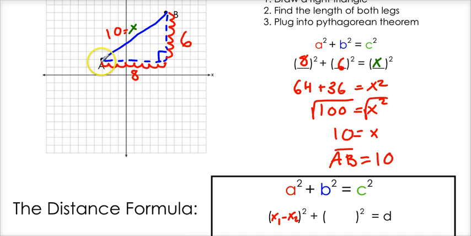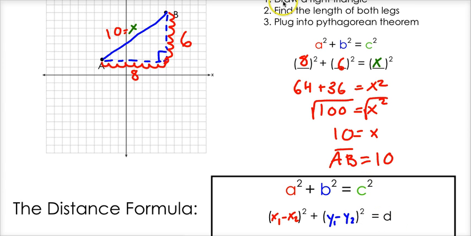So if I subtracted this x coordinate from the x coordinate right here, that would be 8. And I could also subtract the y coordinates, y1 minus y2, and that would tell me the length of this leg. Now, if you notice here, this is c squared, and this is just d.